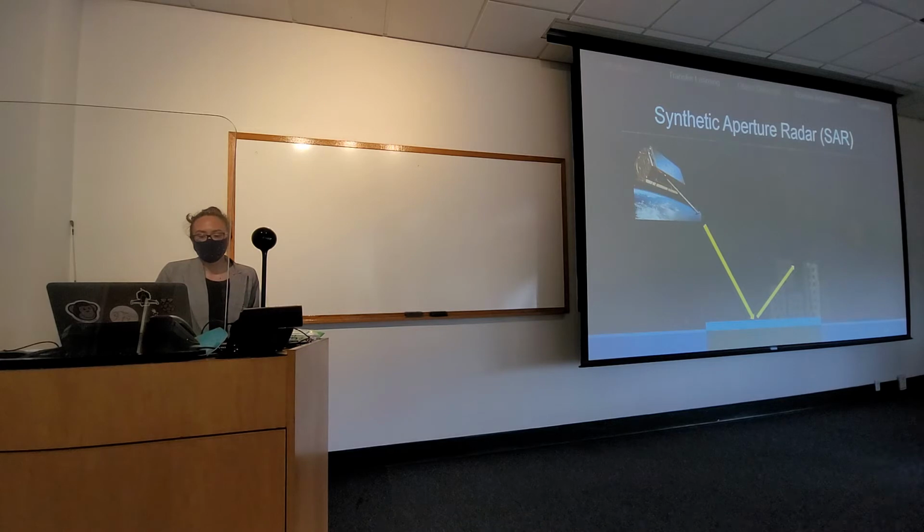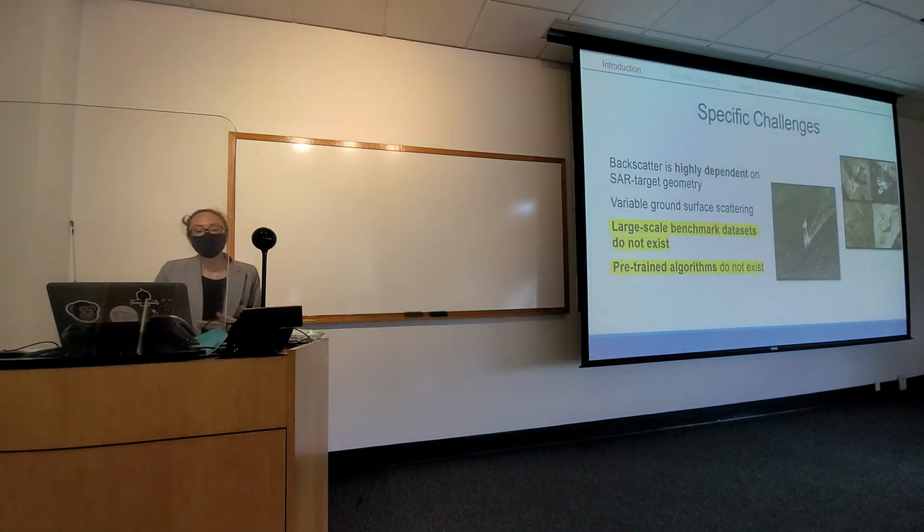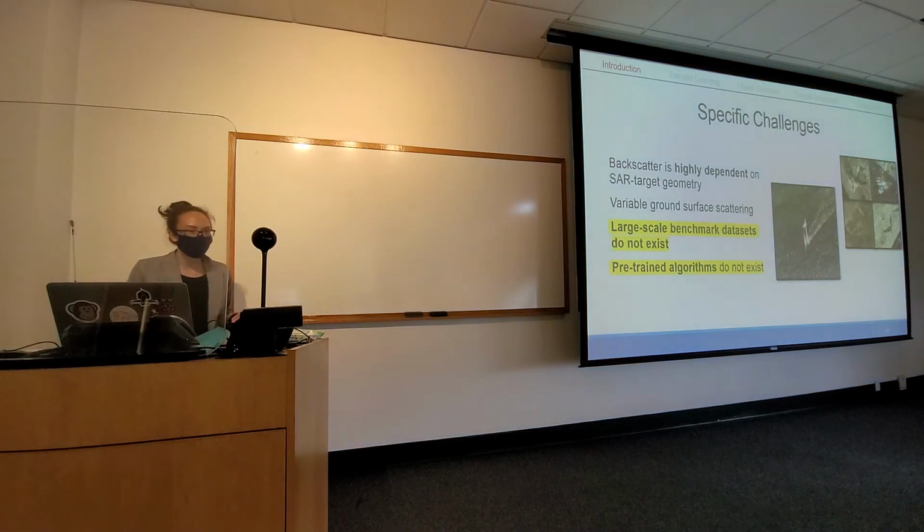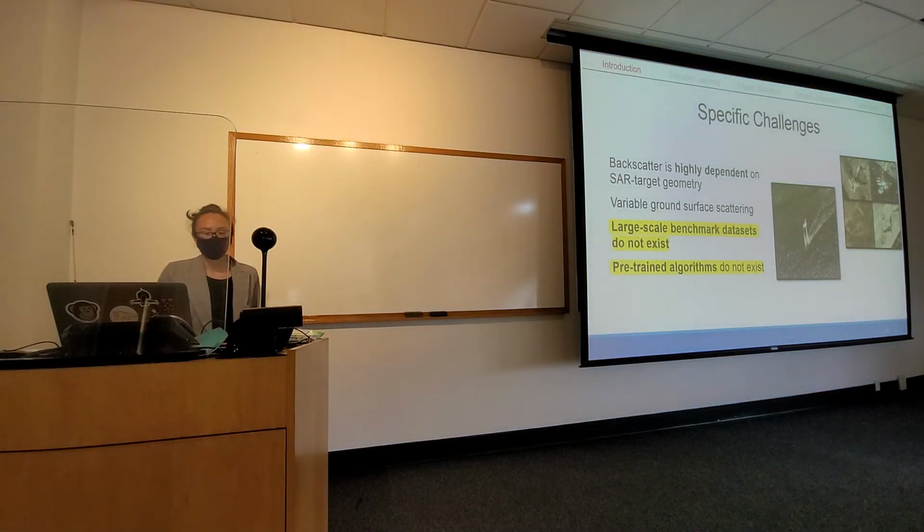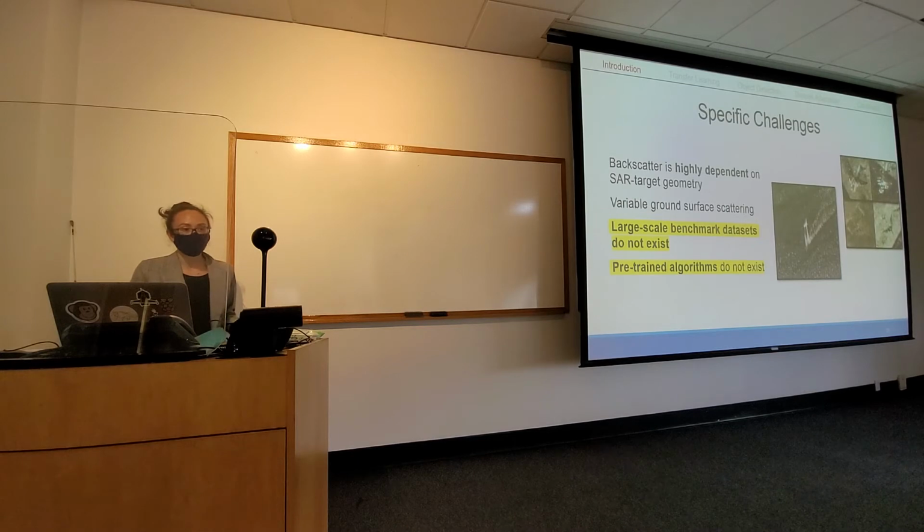Whereas if you have flooding, then the signal gets specularly reflected off of that surface. So you have backscatter that is highly dependent on the SAR target geometry, and then you can have variable ground surface scattering. And so this means there are so many different combinations of images that you might need for deep learning.